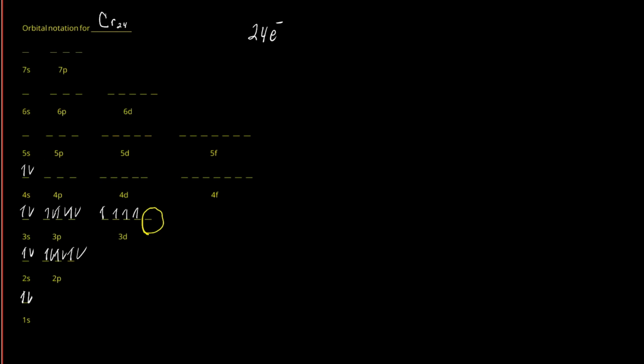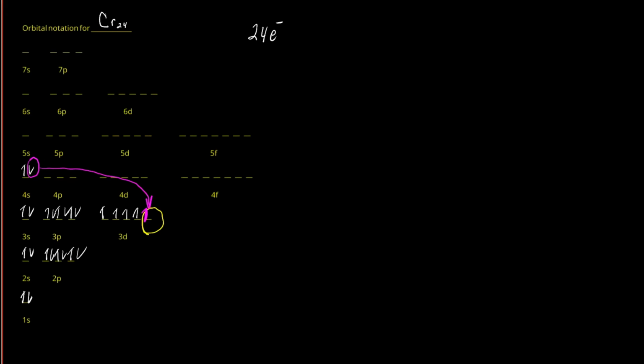So what happens is, this electron in 4s will come down and fill here. I'm removing one electron from 4s and placing it into 3D. So now I have a half-filled 3D, and a half-filled orbital is stable. But an orbital that lacks one electron is generally not as stable. So usually full orbitals or half-filled orbitals are the ones that are most stable.